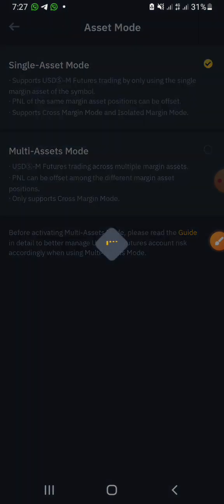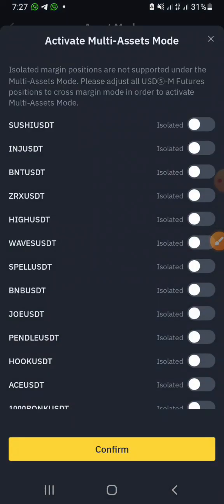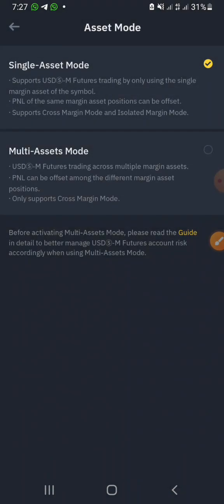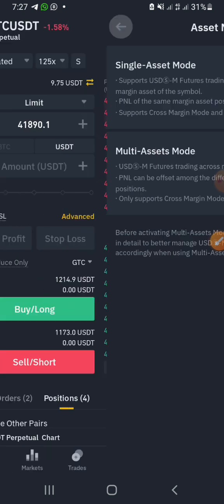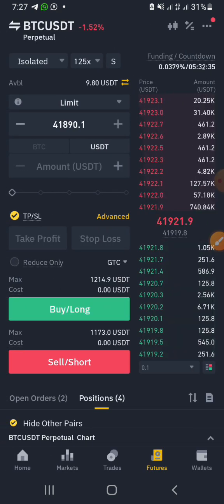But if you are using multiple asset mode, it's going to create another, different trade on the same pair, running independently of each other. You understand? But take note, multiple asset mode is only supported on cross margin mode. I hope you understand that. Now with that being said, let's go over to the next phase of it.